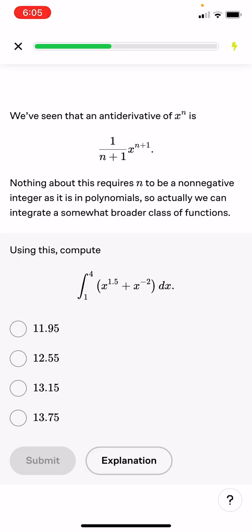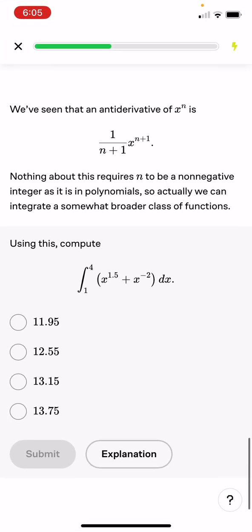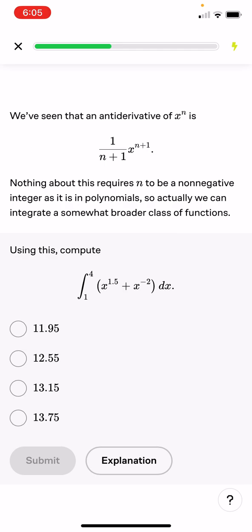No hints either, so it makes it even harder. Let me see if this calculator can come in handy. I'm not gonna try to cheat there, but just make sure.